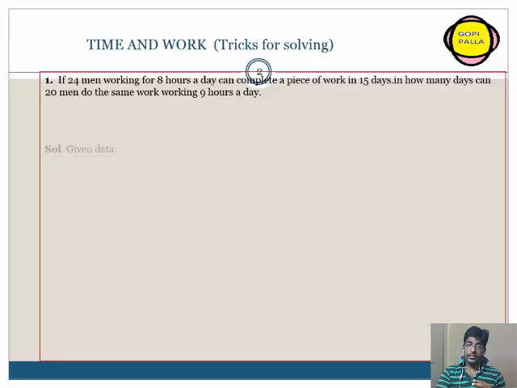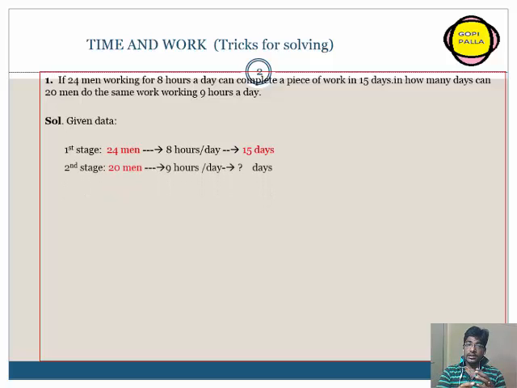As per the given data, 24 men working 8 hours per day can complete the work in 15 days. The second stage asks: if 20 men work 9 hours per day, how many days do they require to complete the work?